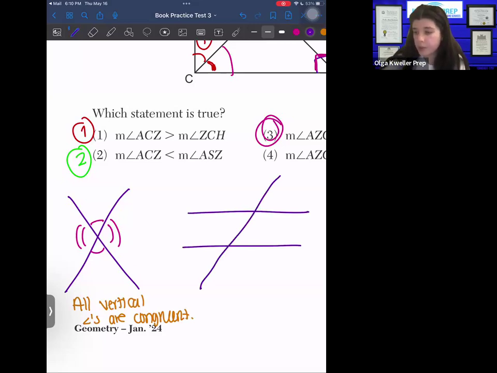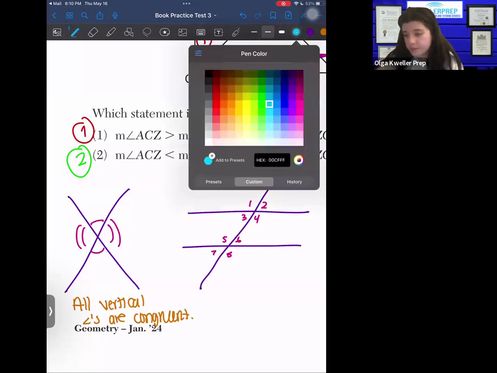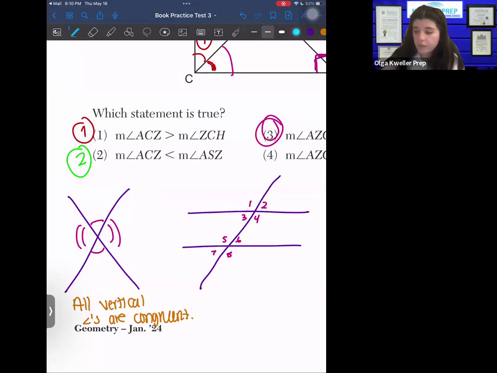So let me label all these angles for us. We've got 1, 2, 3, 4, 5, 6, 7, 8. So who can tell me which angles are equivalent here? I'll call out angles and you guys tell me based on what are they equivalent and are they equivalent. So 2 and 3.